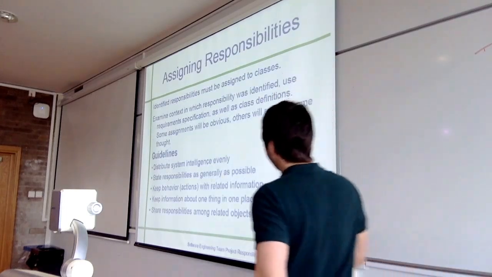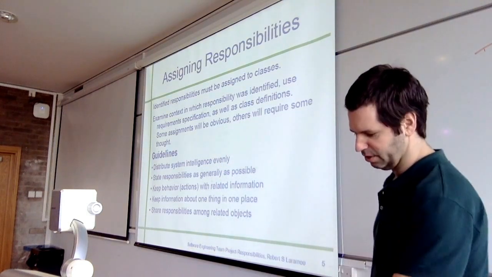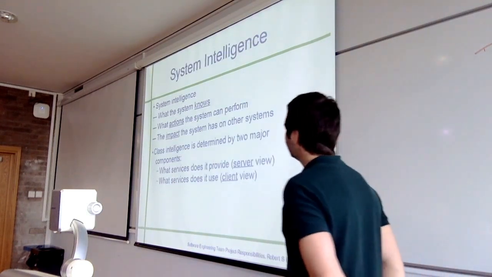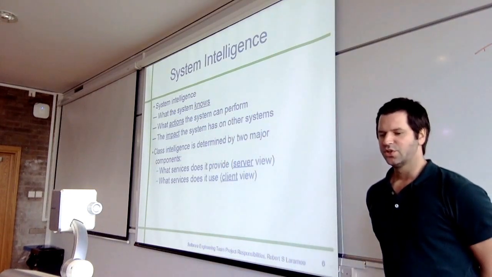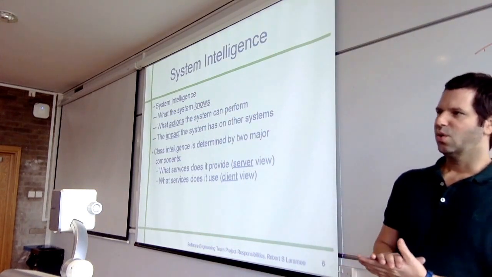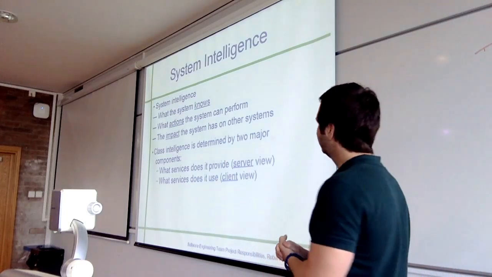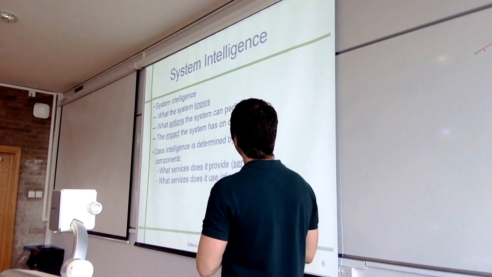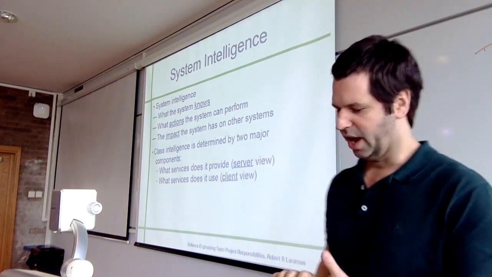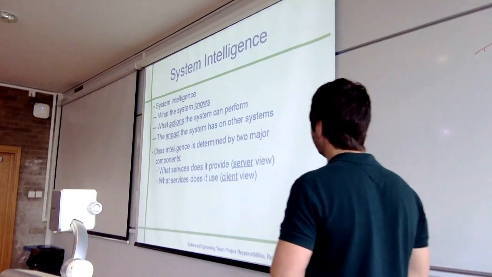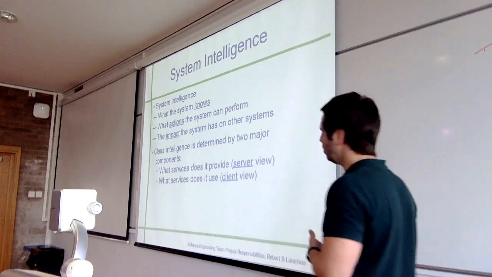So we talked about distributing system intelligence evenly. This is a little bit more on that theme. You can think of a method or data as intelligence, right? System intelligence represents what the system knows, the actions the system can perform, and the impact the system has on other systems, right?